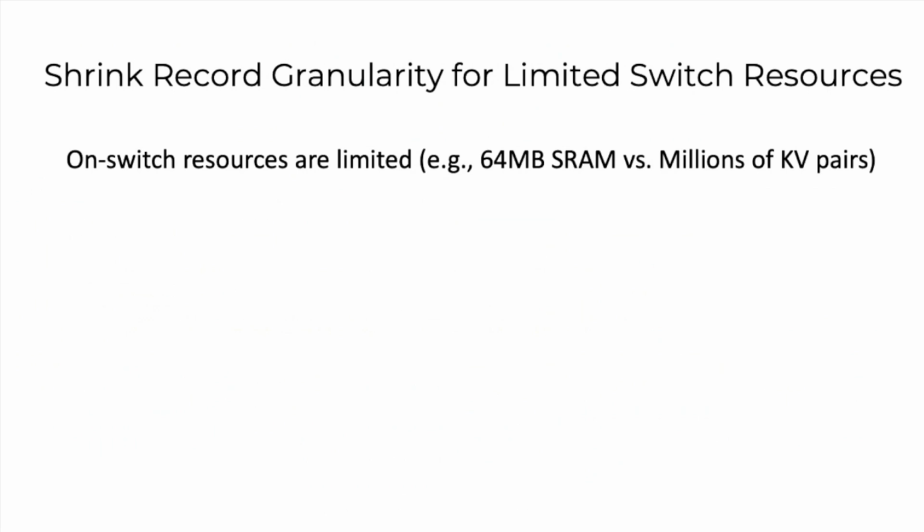On-switch resources are limited. For example, it may have only 64 megabytes of SRAM, while the migrating key-value pairs under the rack can number in the millions. So our idea is to shrink the record granularity so that we record fewer migration entries, suitable for the limited switch resources.